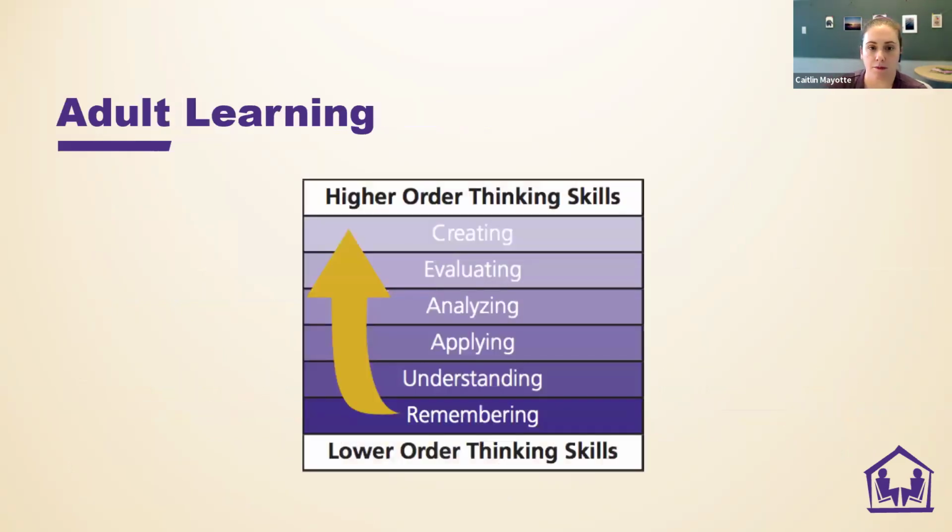So a little bit about adult learning for today's lesson is really looking at these different orders of thinking skills. We go through our life doing a lot of the lower level ones, just rote memorization and comprehending what we're doing.